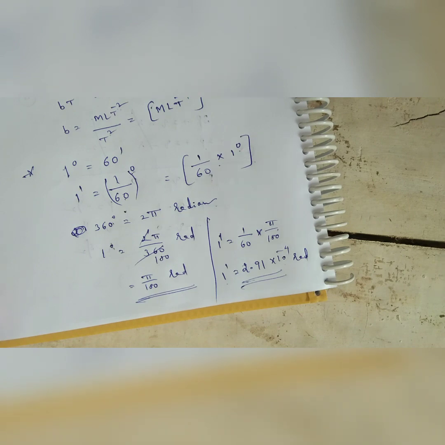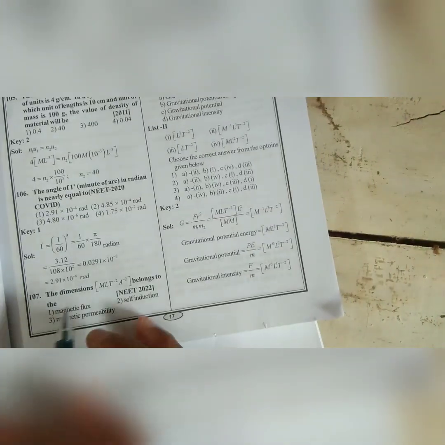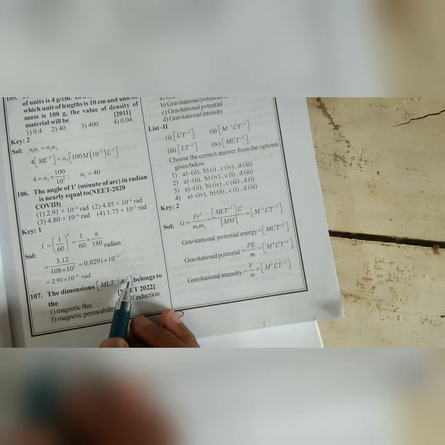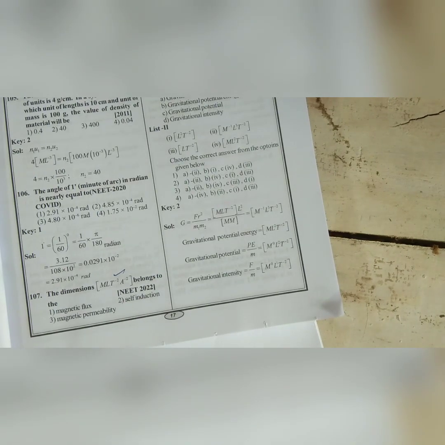Okay, so next, here is one more question from 2022. See here, the dimensions MLT minus 2 A minus 2 belong to, so the dimensional formula is already given, MLT minus 2 A minus 2. In the options, 4 options are mentioned.